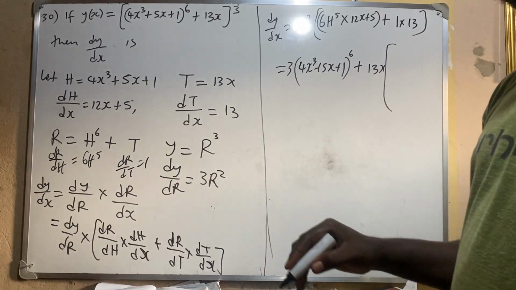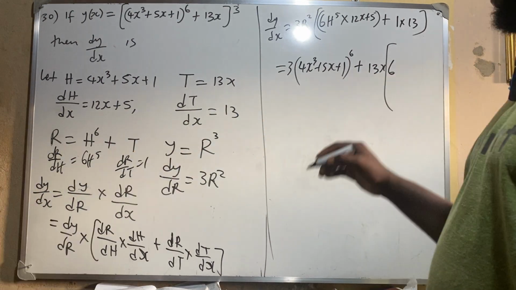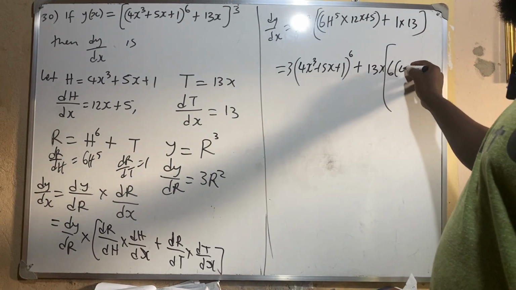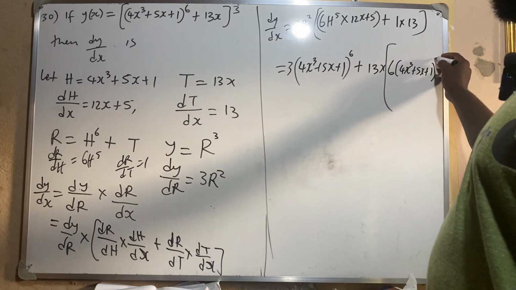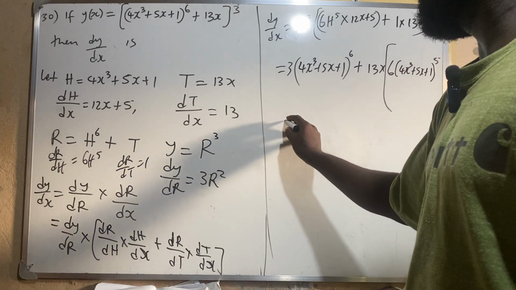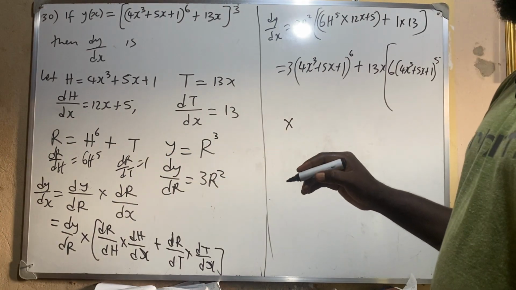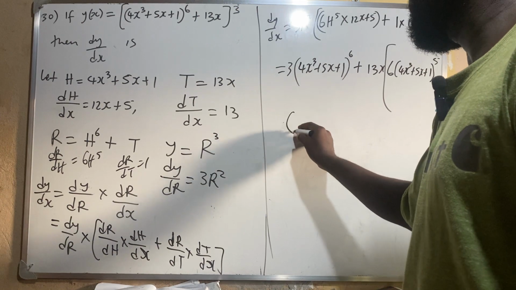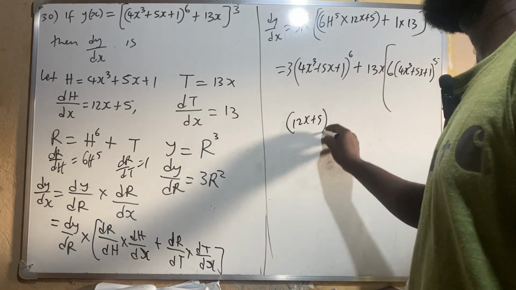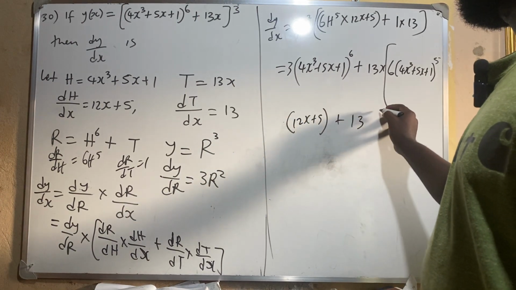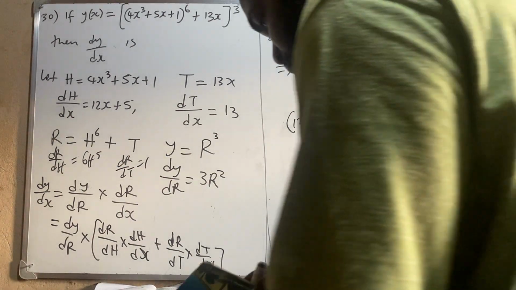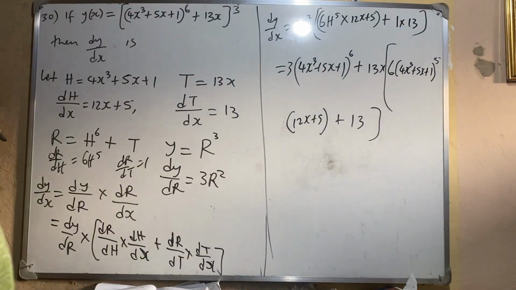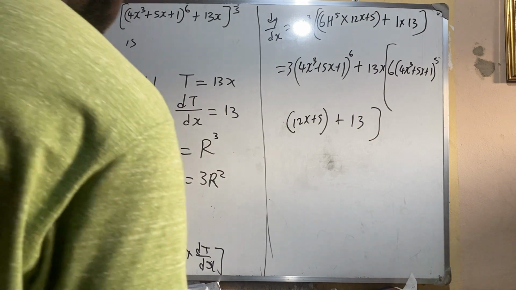In bracket of 6, my h again, which is 4x raised to power 3 plus 5x plus 1, raised to power 5. Permit me to finish it here. Times, in bracket of that, 12x plus 5. Then plus 13. So that is that. So calm down and check your own option to know which one is correct.